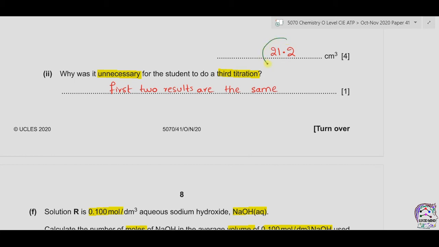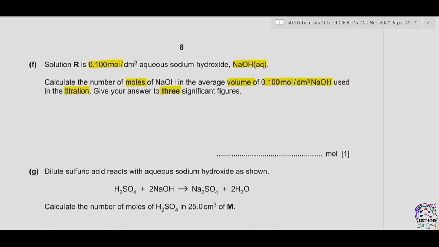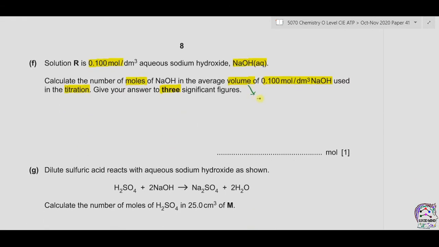The average volume was 21.2 cm cube that we got through the titration results, while the concentration given is 0.1 mole per decimeter cube.